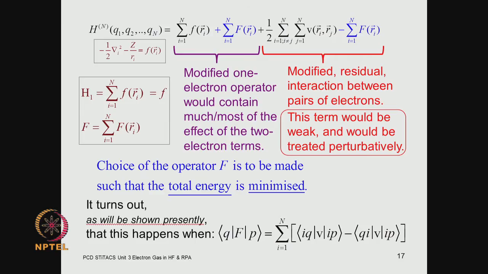So, that is the matrix element of the operator f, and this particular matrix element will turn out to be the sum over I and the difference between these two center integrals which we have been using all along.